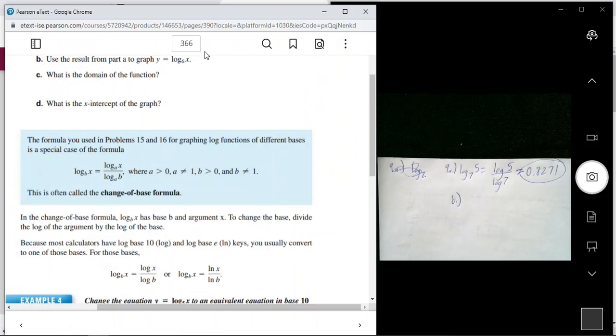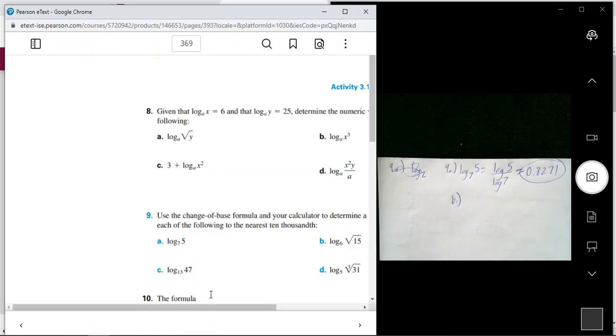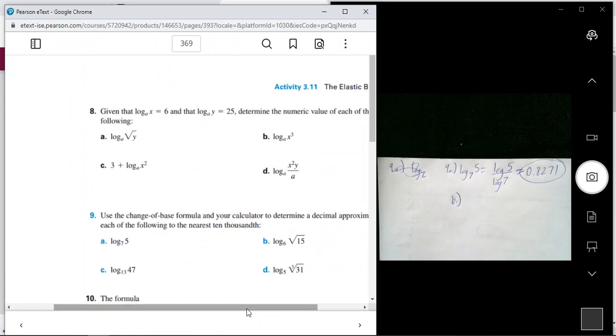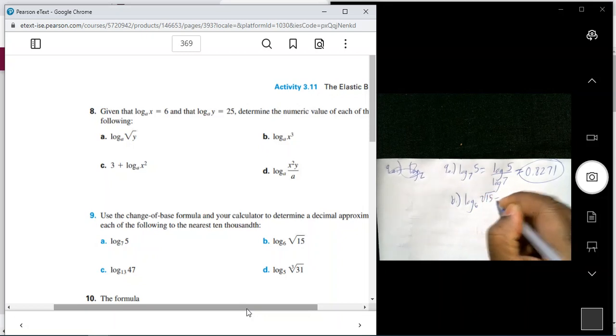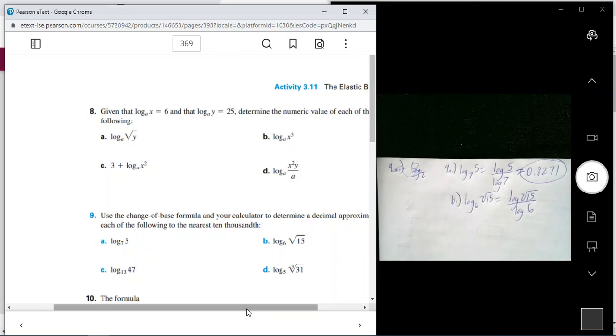Okay, now we go to 9B. This is page 369. Okay, 9B. We have log base 6 of the square root of 15. This could be log square root of 15 over log 6. All right. So we could try that again. Matter of fact, this is what I want to do.